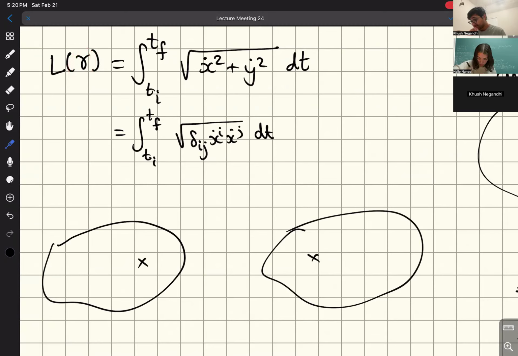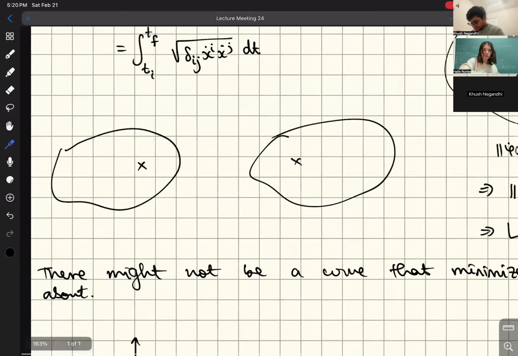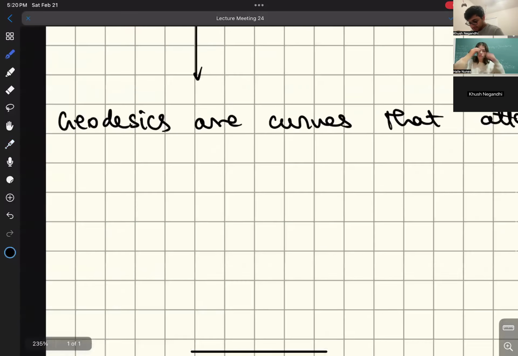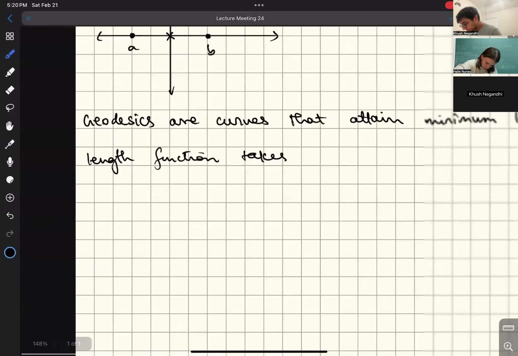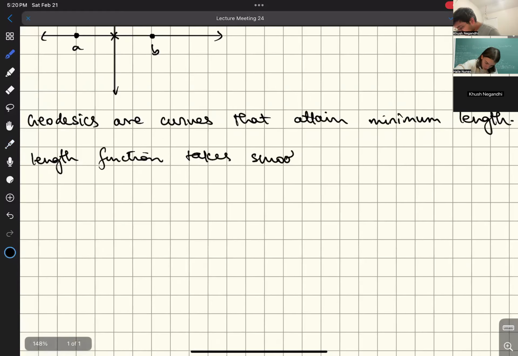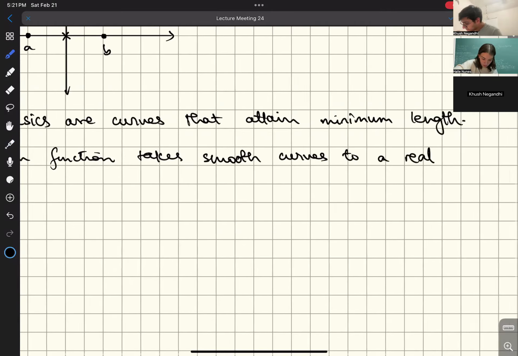Is it a linear functional? It's not quite a linear functional, but it's a function on curves. So the length function takes smooth curves to a real number.